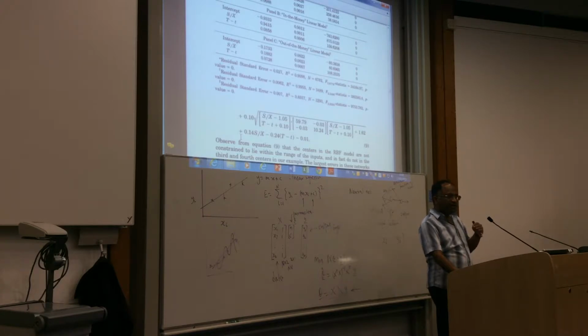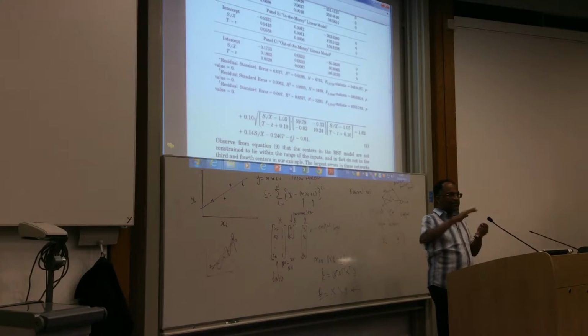Why is it a linear term? It is some number times one of the inputs, correct? Plus some number times the other input, because the inputs are s over x and t minus t, plus an offset. So in the last line, you should see something very similar to y equals mx plus c, but for two variables.